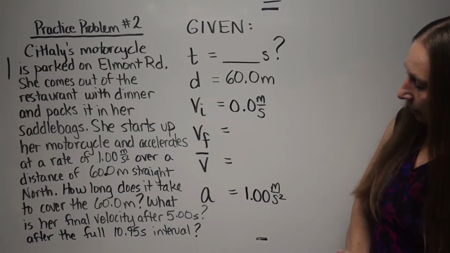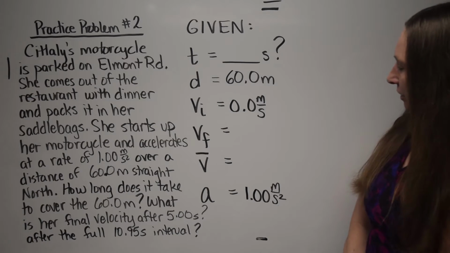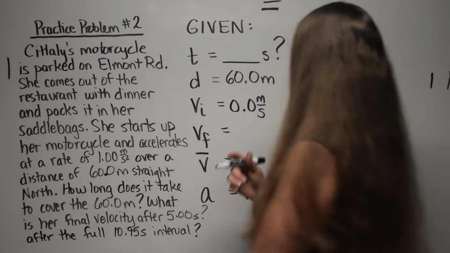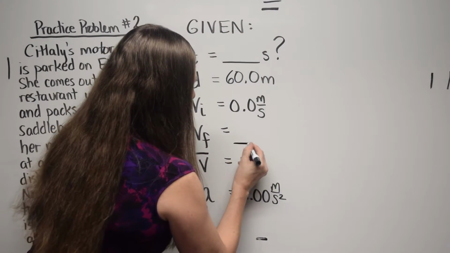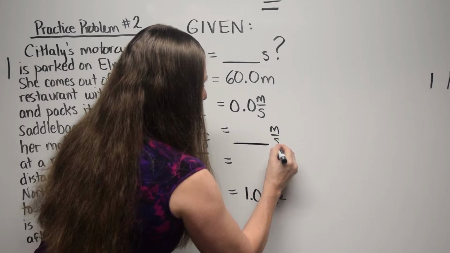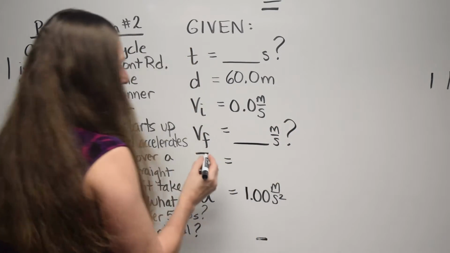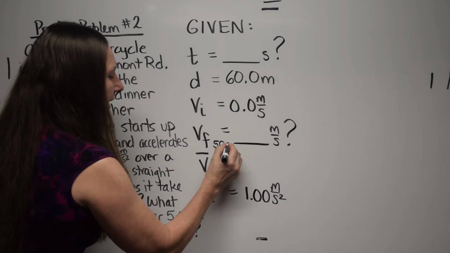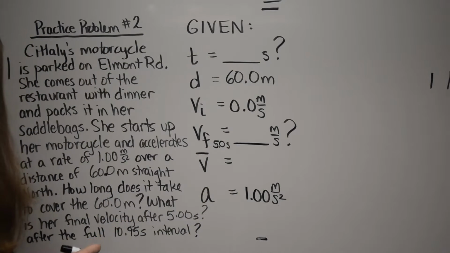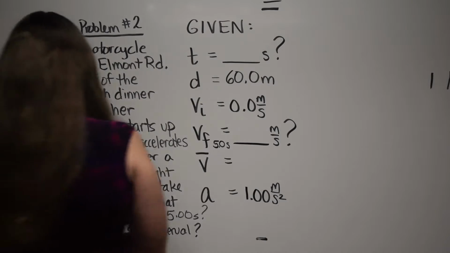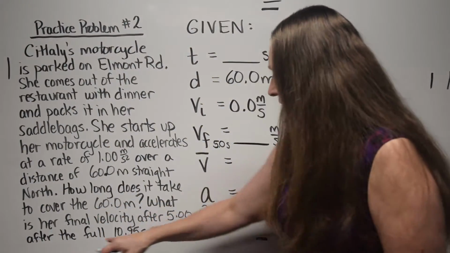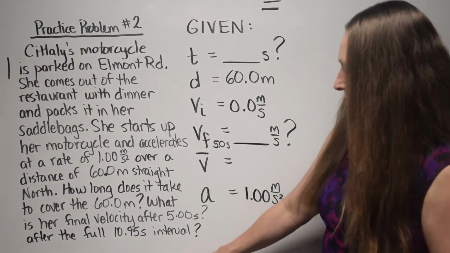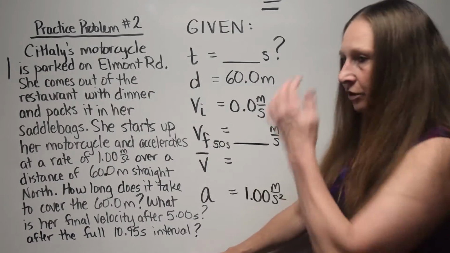What is her final velocity after 5 seconds? So V final, we want to know here, after 5 seconds. And then we also want to know what is her final velocity after the full 10.95 second interval.